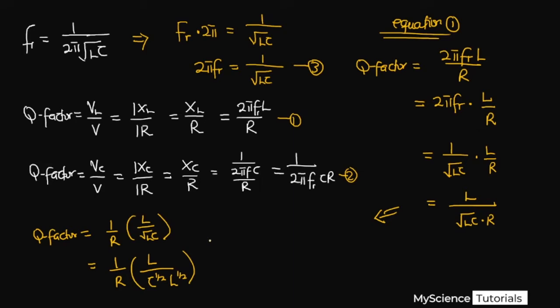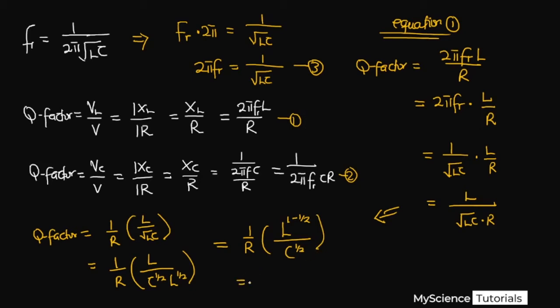So if we do that, this is equal to 1 over R, then into bracket we have L at the top with the power 1, so we can bring this to the top. Indices: if you send this up, it becomes negative, so minus half on C raised to the power half at the bottom.